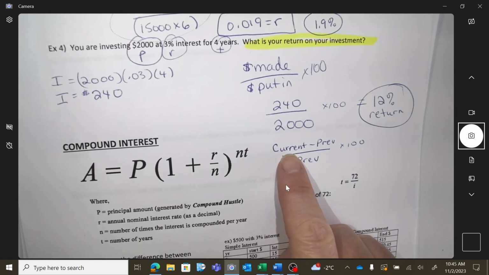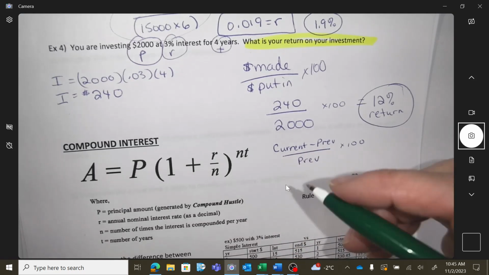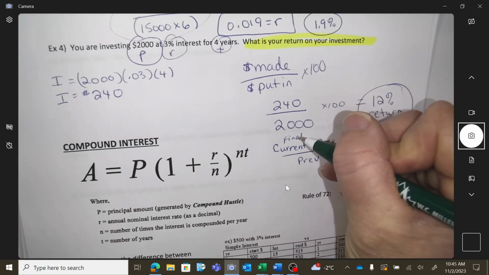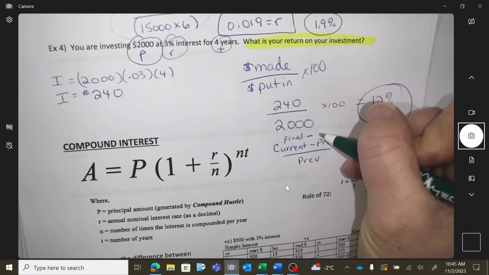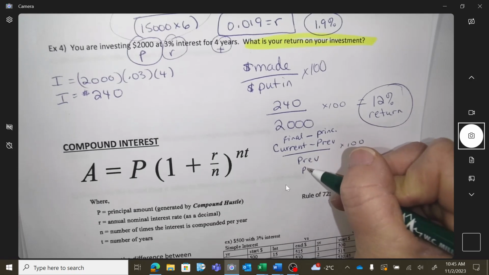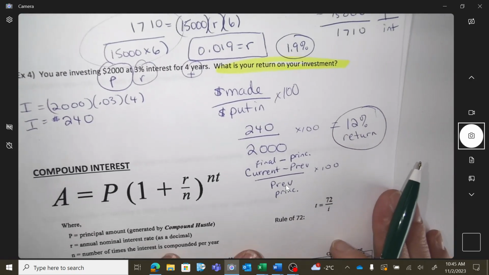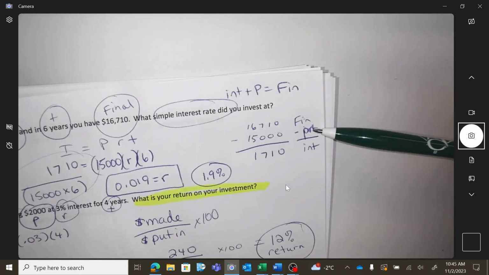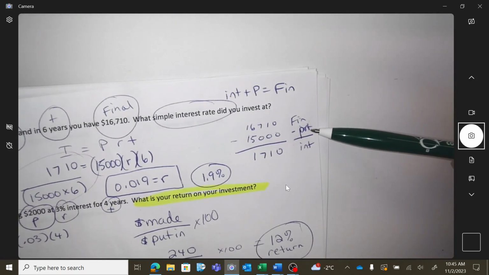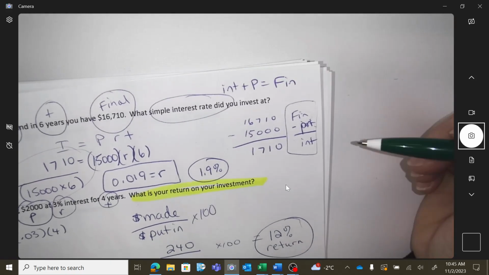So current would be like me saying, what's the final minus the previous. Final minus principal over principal. And guess what? Final minus principal is the same thing as doing interest, right?